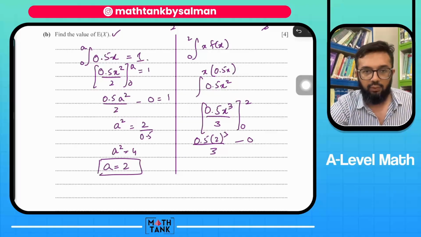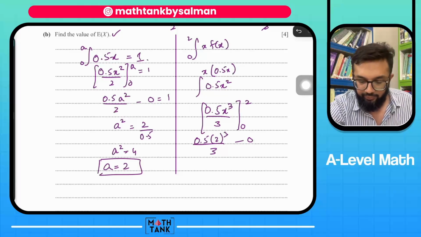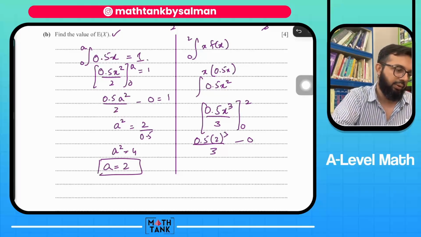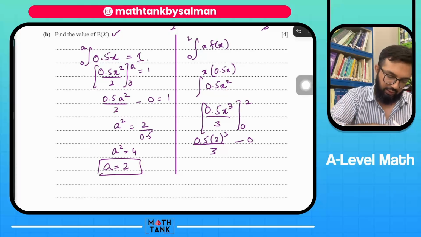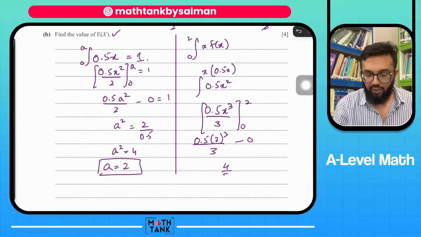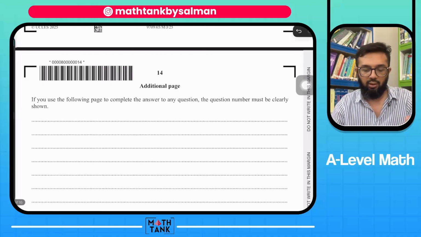Okay, let me check if I am doing this correctly. I think my answer should be fine. 0.5 into 8 divided by 3, I'm getting 4 over 3. Okay, that's the end of this exam, I think. Thank you for watching.